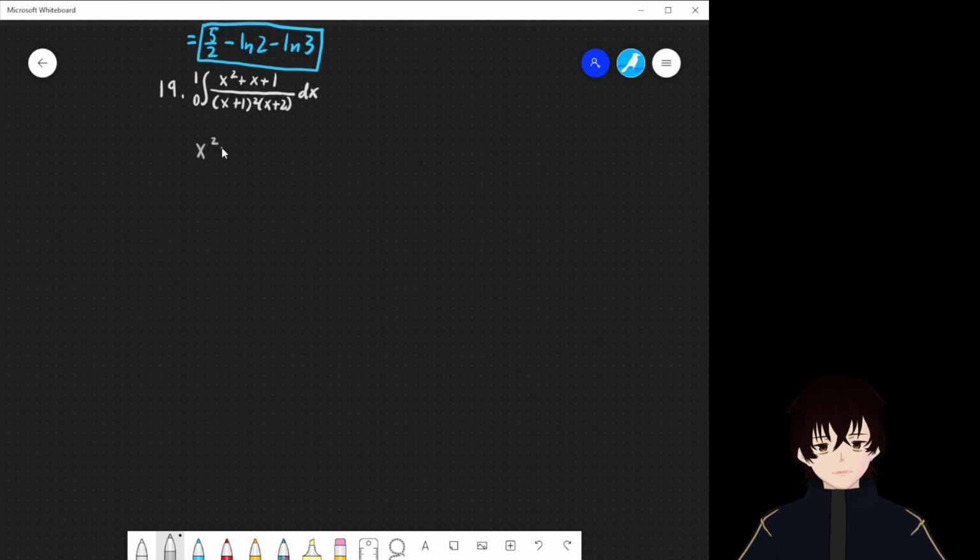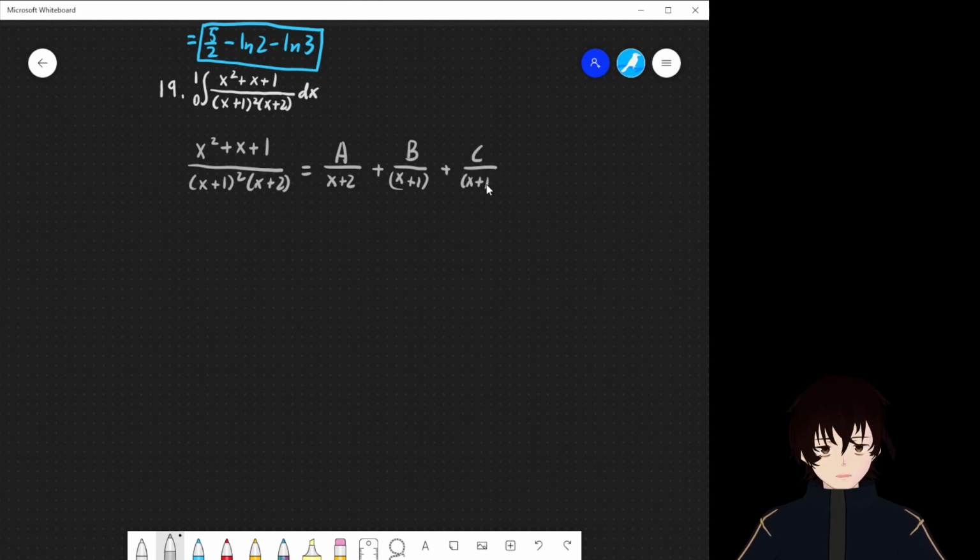(x squared plus x plus 1) over (x plus 1) squared (x plus 2) is equal to a over x plus 2 plus b over x plus 1 plus c over (x plus 1) squared, if I'm not mistaken.